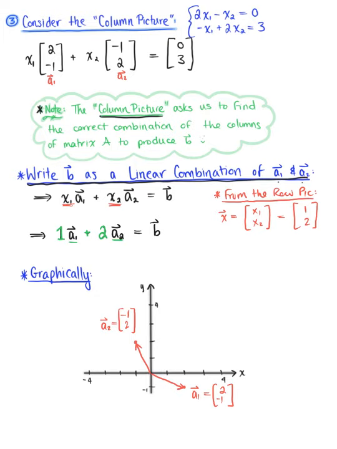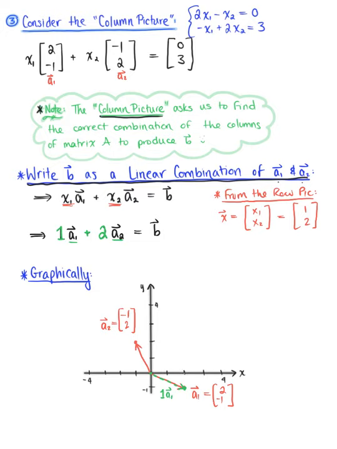So here we go. Starting from the origin, we need 1 of column vector A sub 1. So here is 1 times column vector A sub 1. And now from this terminal point, we're going to add the scalar multiple 2 times vector A sub 2. Keep the components of vector A sub 2 in mind here. So again, from this terminal point, we're going to add 2 of vector A sub 2.